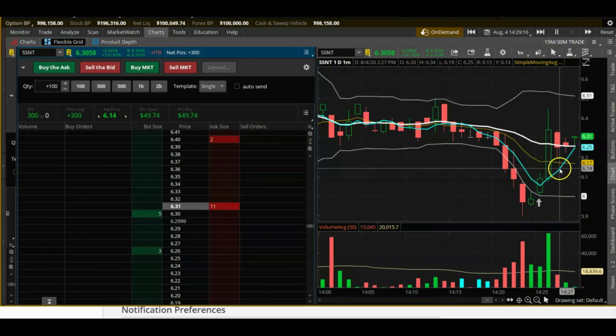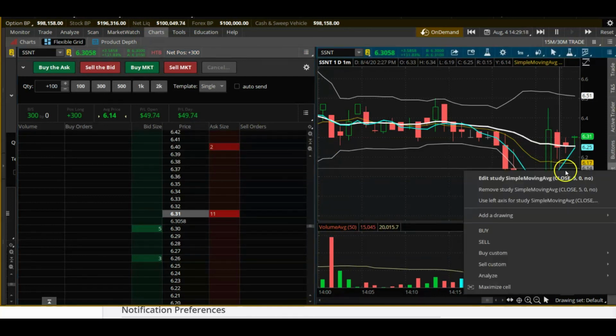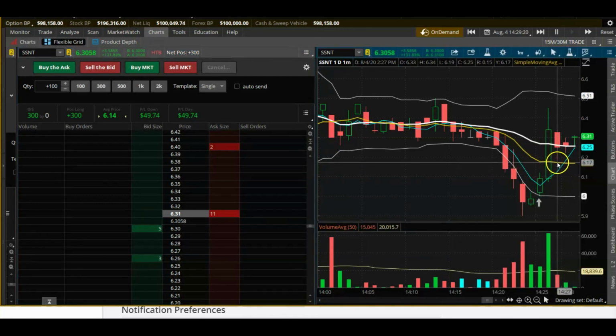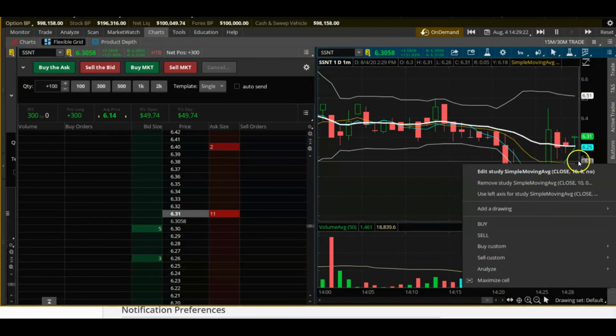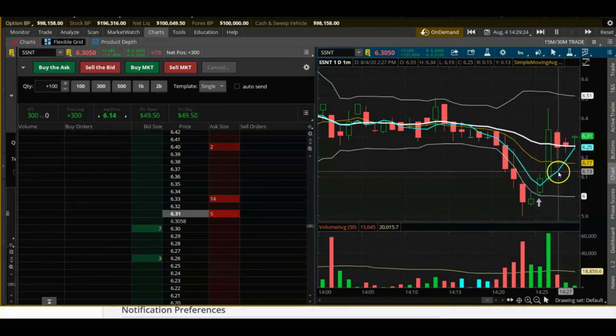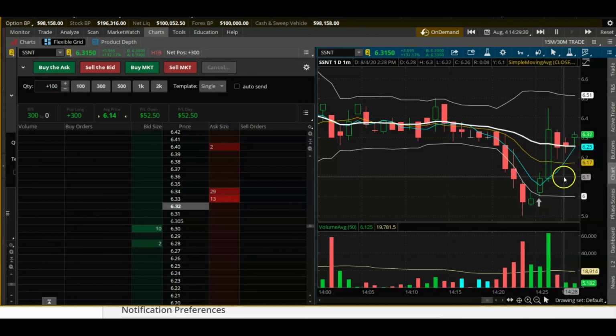The fact that this is my 5-day moving average, this must be my 10-day. The fact that my blue line has crossed over my yellow line makes me even more confident about this trade.